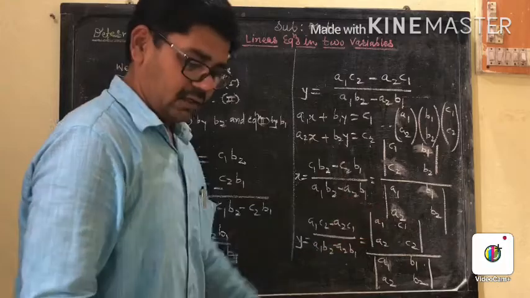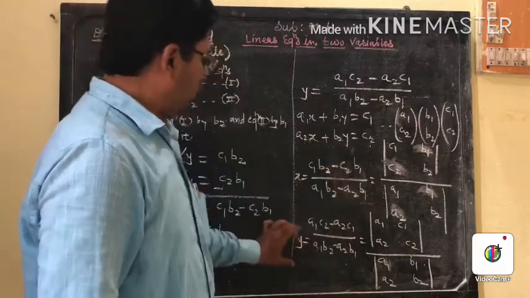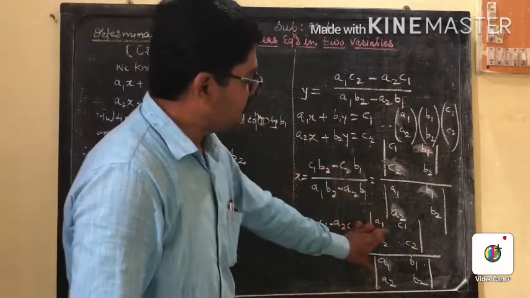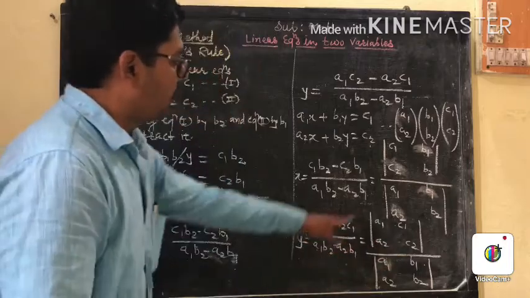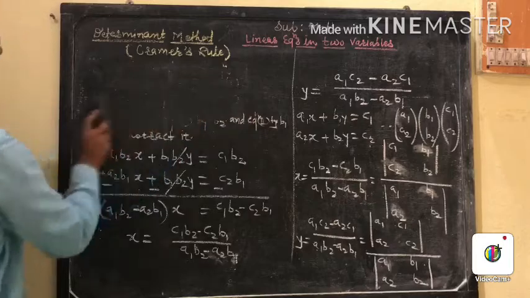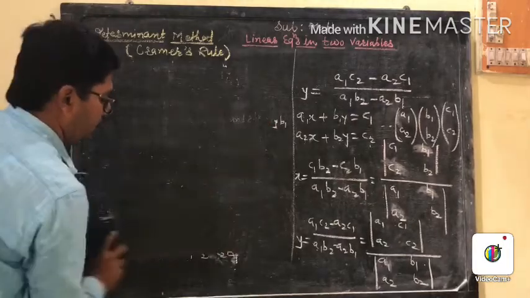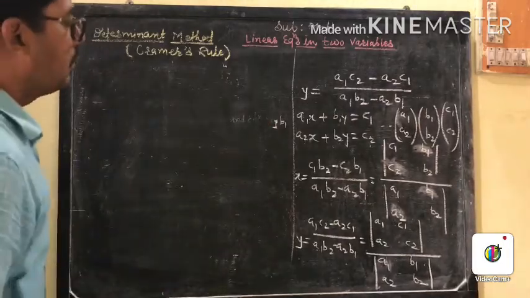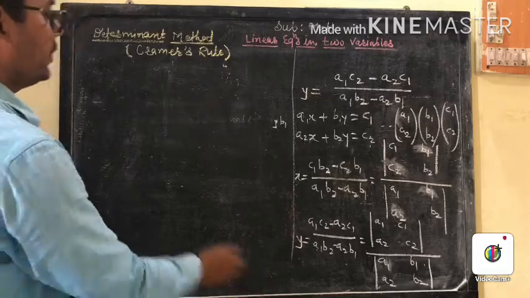Now here are the values of x and y in terms of determinants. These determinants are also denoted by capital letters.